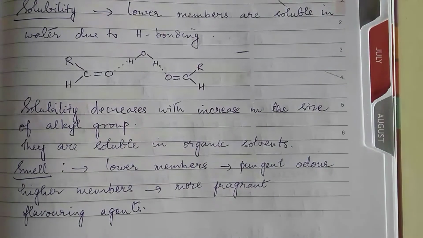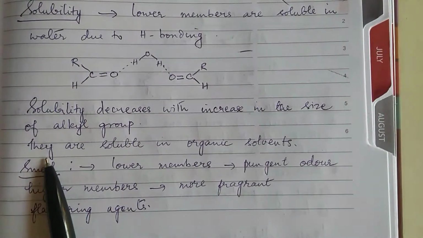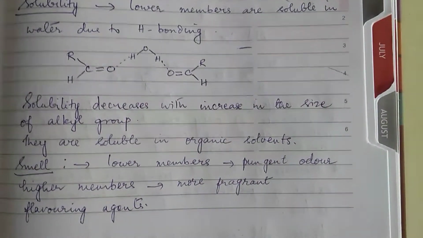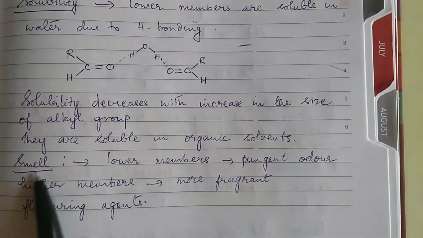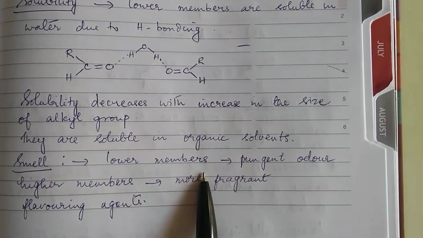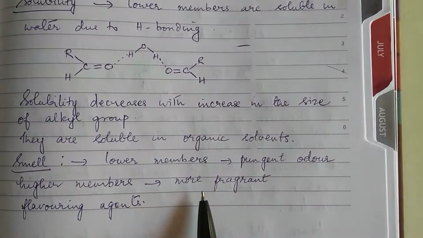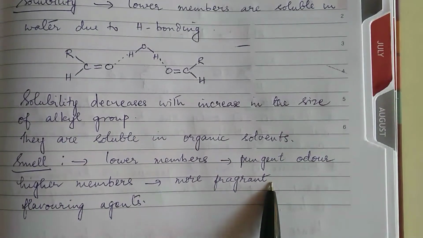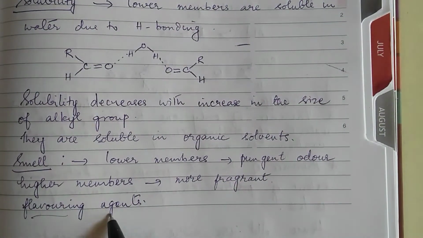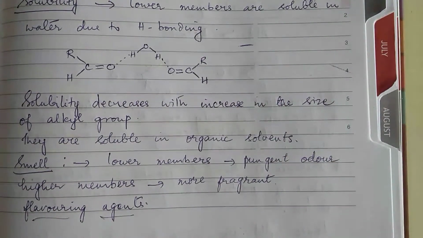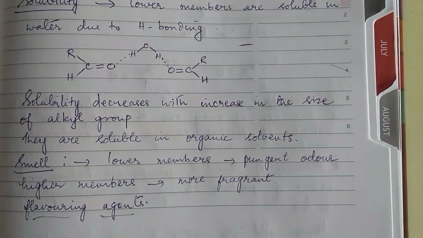Okay, and since they are all covalent compounds, they are soluble in organic solvents. And a very peculiar property is smell. Lower members have pungent odor, and higher members are more fragrant, and that is why they are used in flavoring agents. Okay, so this is about physical properties of aldehydes and ketones.